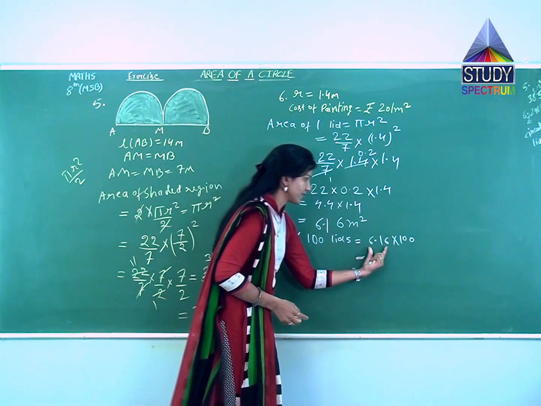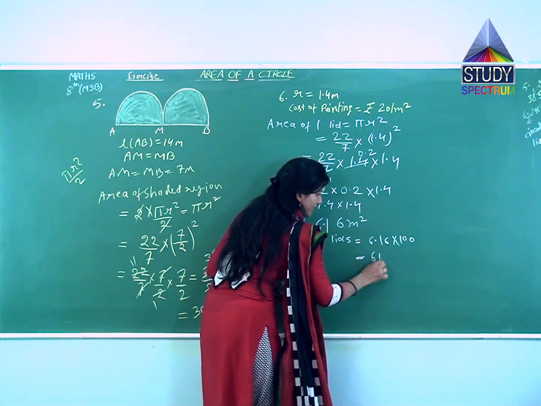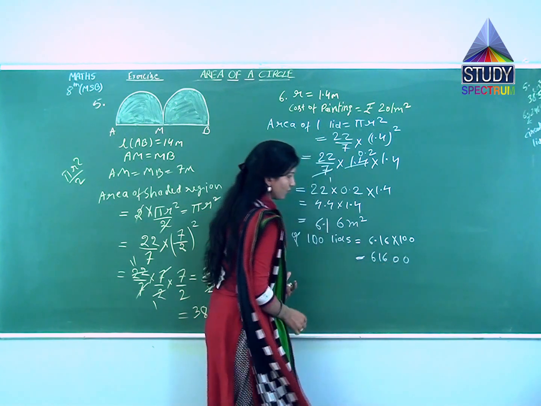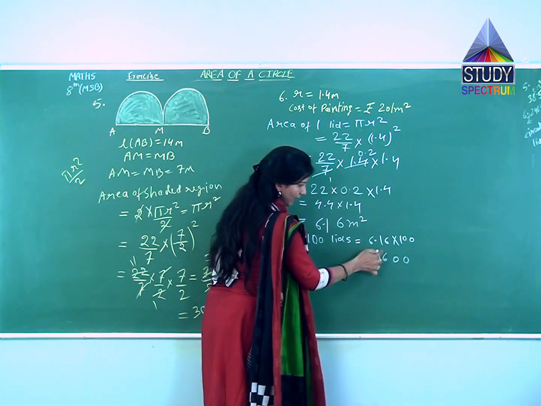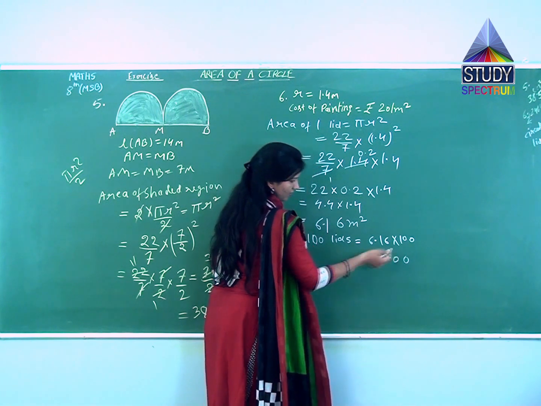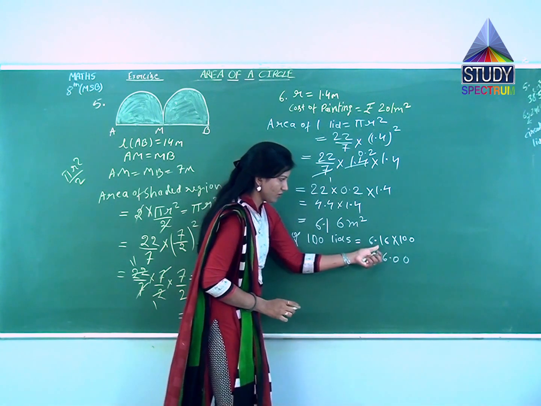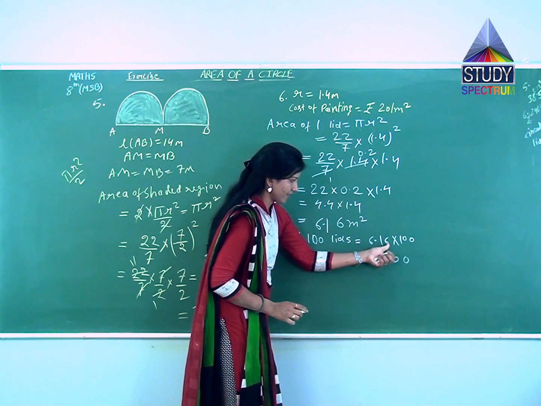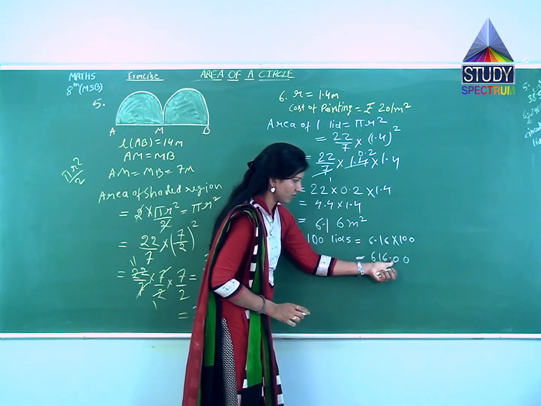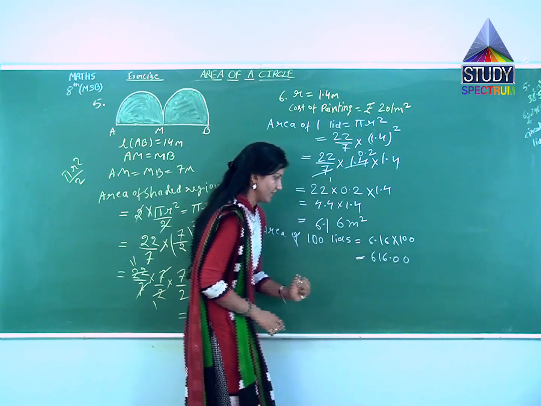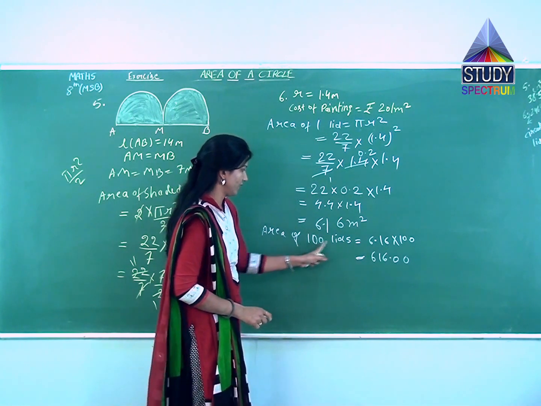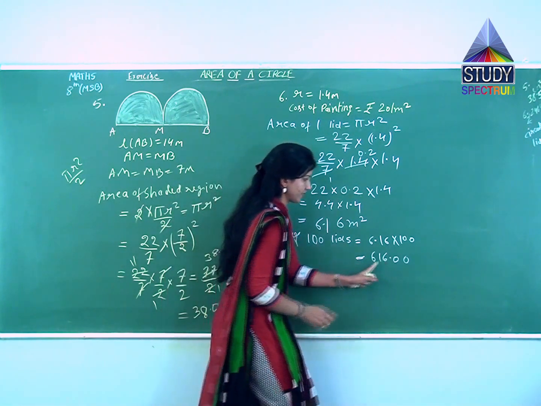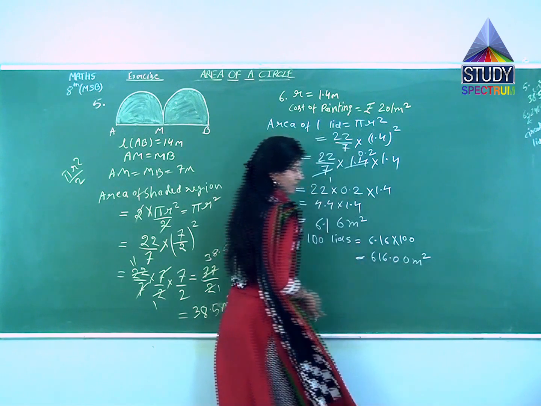If we multiply 616 by 100, we get 61600. Now we have to put the decimal, and the decimal will come here, because here 2 digits are after the decimal, and here also 2 digits will be after the decimal. So area of such 100 lids is 616 meter square.